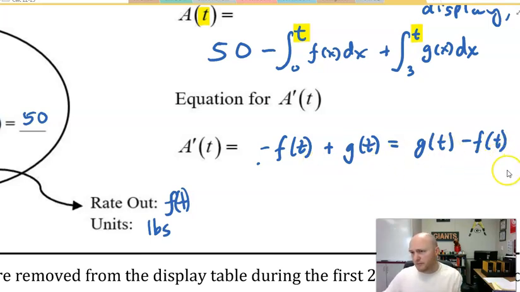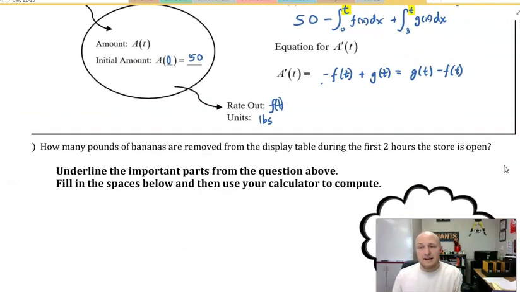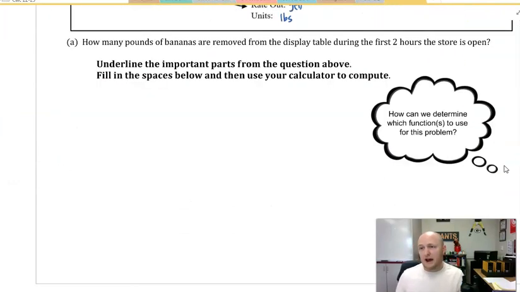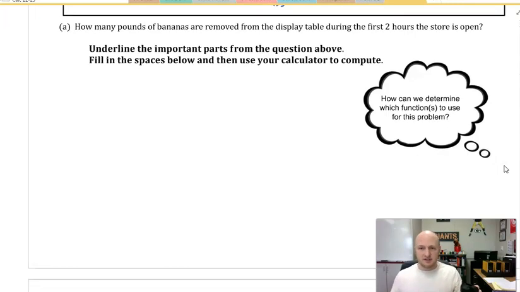Very intuitive there. Okay, anyway, let's go ahead and see how these questions are asked in this FRQ and how these functions can help us. So A, how many pounds of bananas are removed from the display table during the first 2 hours the store is open? Okay, notice they say how many pounds of bananas.